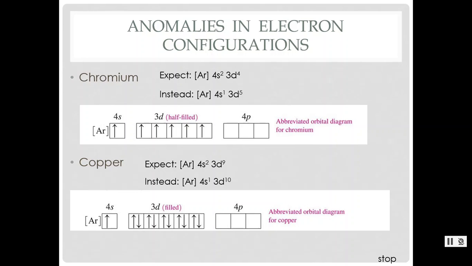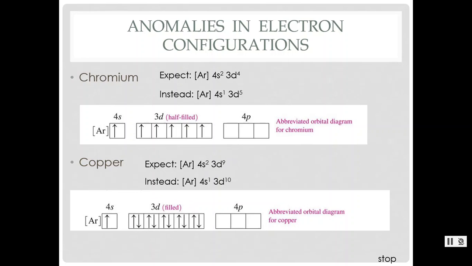Similarly with copper, when I write that electron configuration with what is actually seen, 4s1 3d10, I see that with that electron configuration, by taking that 4s electron and putting it in the 3d orbital, all of my 3d orbitals are filled. That would not have happened if I had just 4s2 3d9.